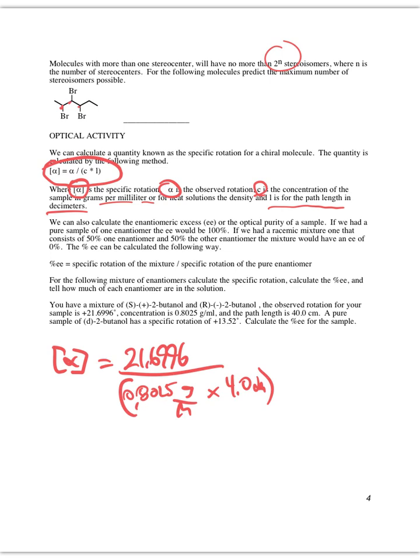So when we do this, multiply it out, we get 21.6996 divided by the 0.8025 times 4, which is about 3.2. Okay. Let me get my calculator and give you the exact number.